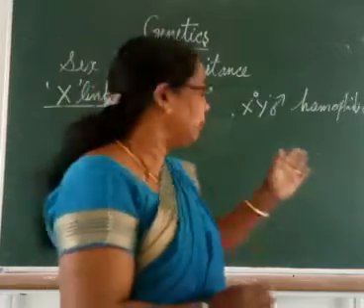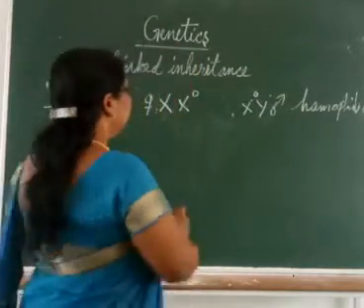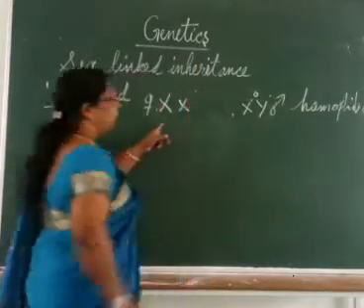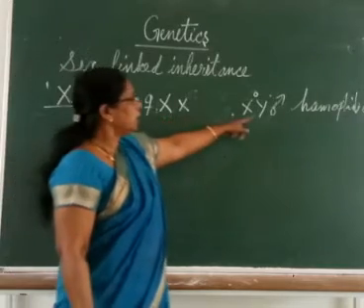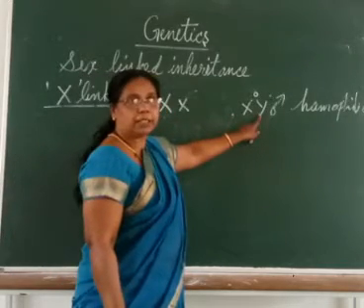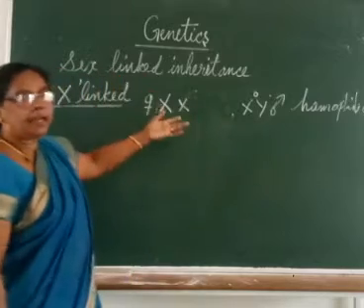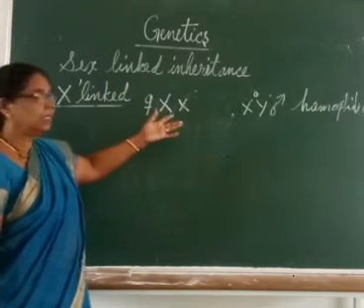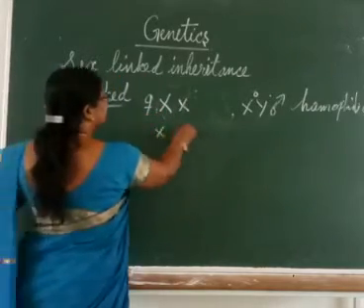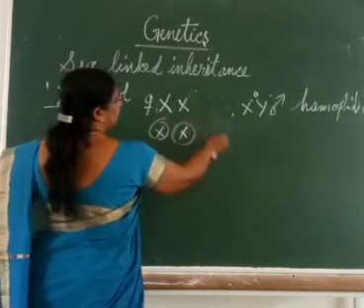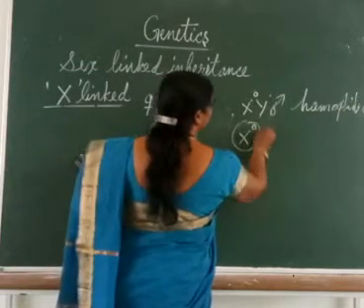Here a normal mother with a hemophilic father. This is a normal mother. This is a hemophilic father. Just like I have shown you with color blindness, in the same case here XX and X0Y.